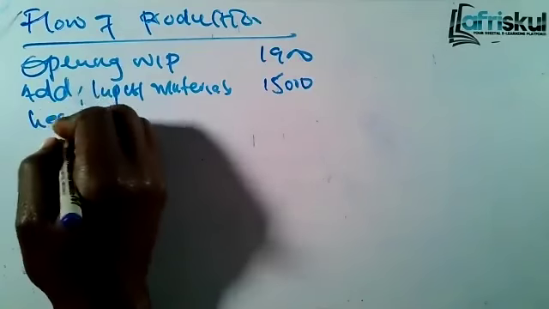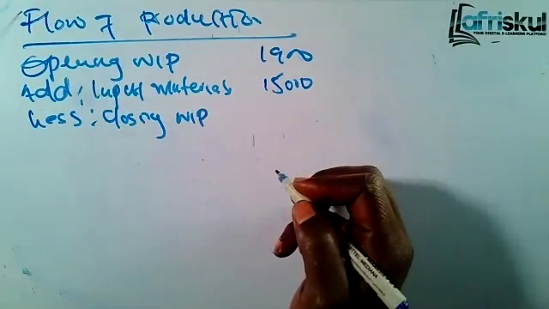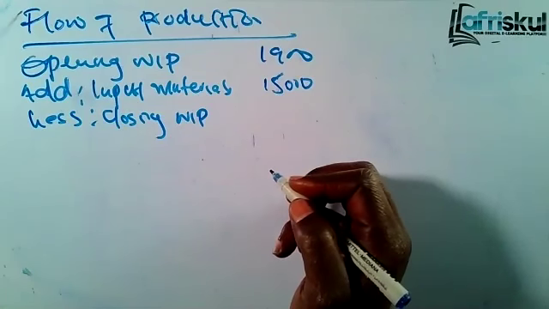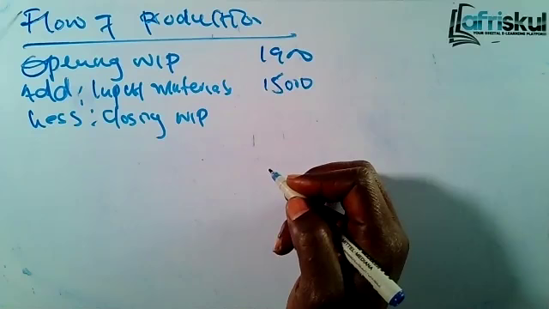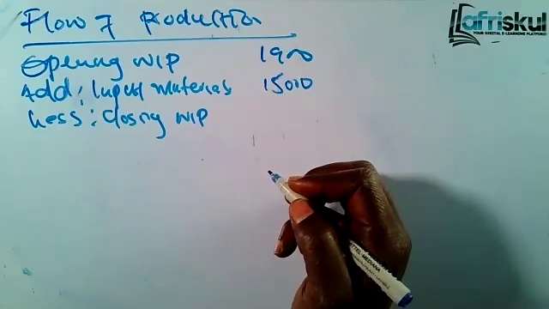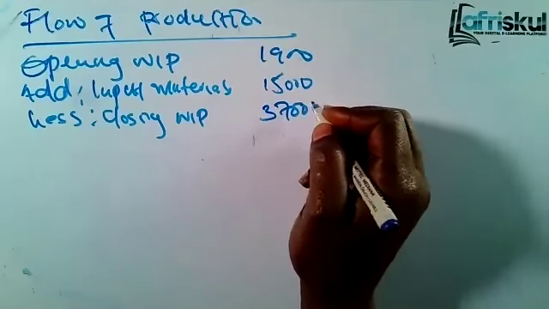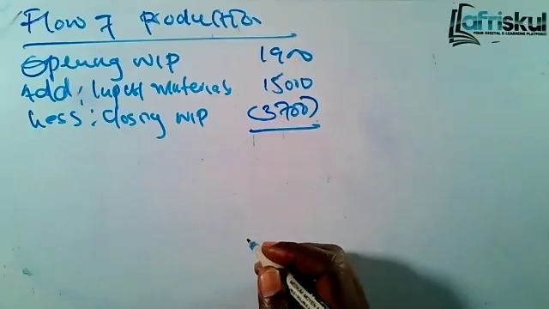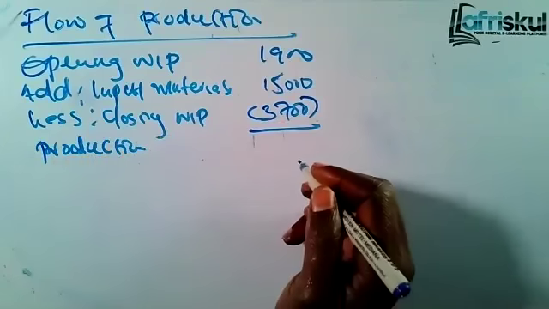Then you less closing WIP units. In our question, it is found in note number 5. You get 3,700. You deduct that one, you get what we call production or throughput.